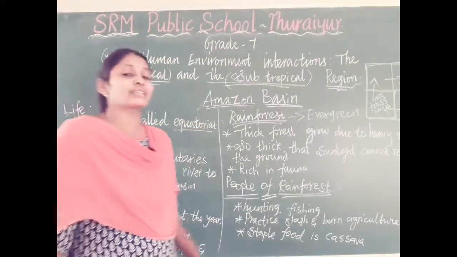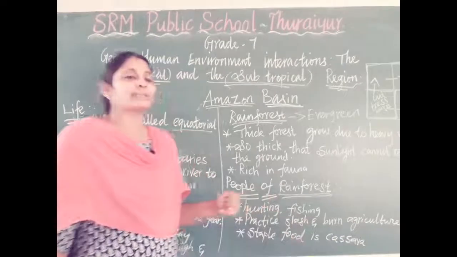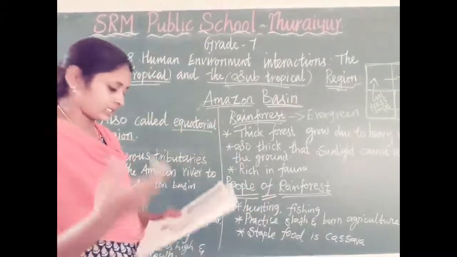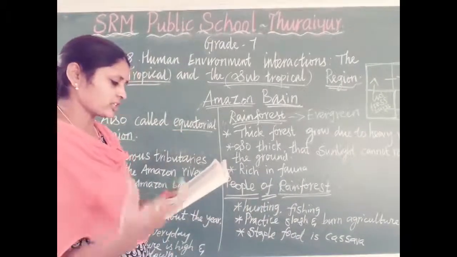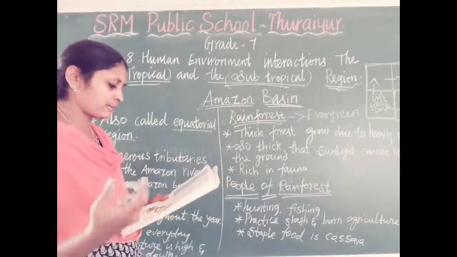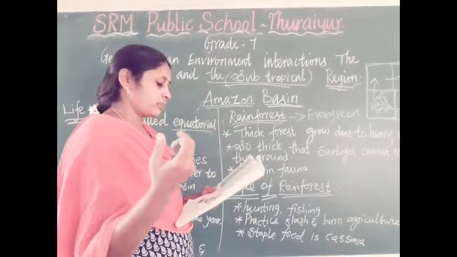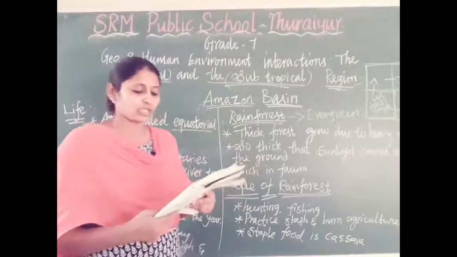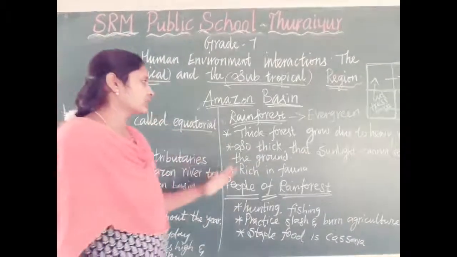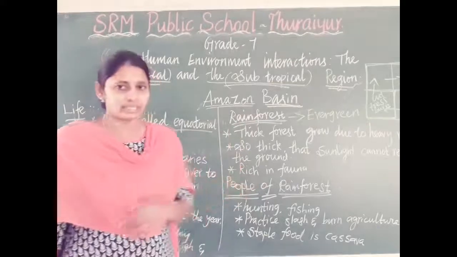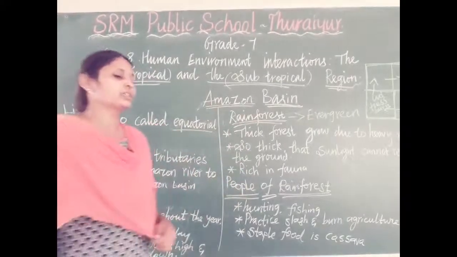So what is the staple food of the Amazon? Cassava, which is like potato, they use. These were the conditions of the Amazon basin 50 years ago. But at present it doesn't remain the same.